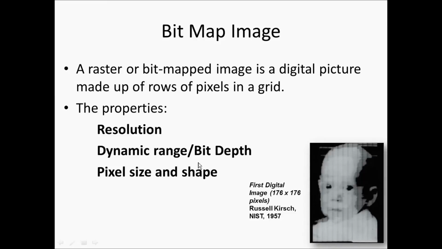Some of their properties are the resolution, dynamic range or bit depth, and pixel size and shape. And here, sorry I spoke too soon, is the first digital image ever created, from 1957. It gives you an idea of how long this technology has been around, and how long it took to perfect it and bring it into daily use as we use it today.